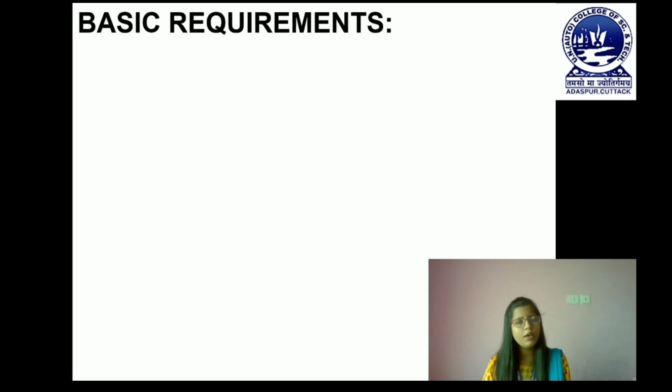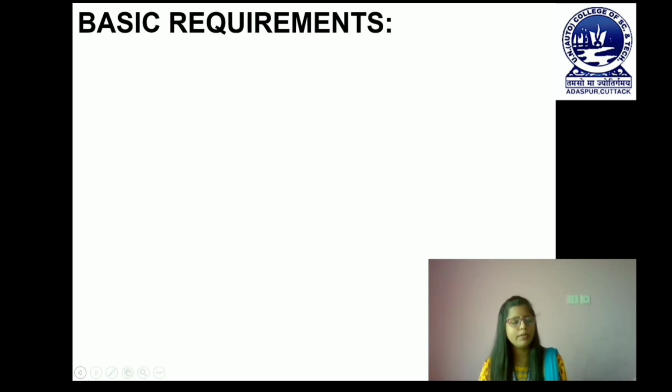Most software have two types of requirements: one is the minimum requirement and the other is the recommended requirement. With the minimum requirement, the software can install and run successfully, but with the recommended requirement, we can achieve more performance. So whenever we want more performance, we can go for the recommended requirements.